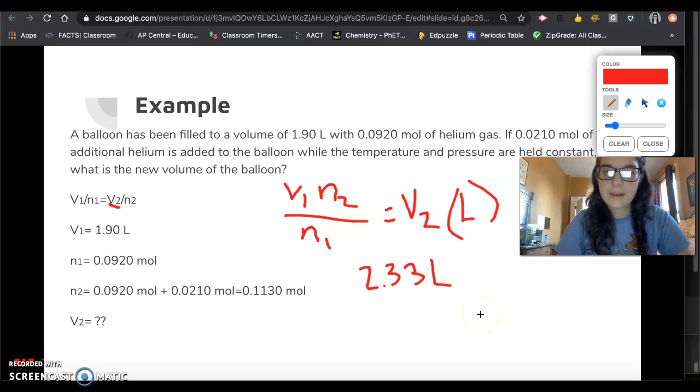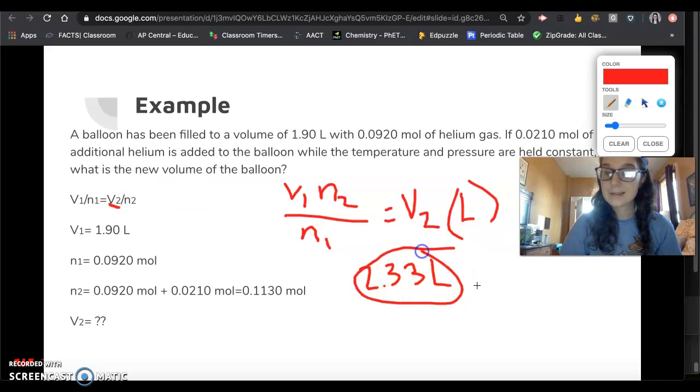And once again, we can think, does this answer make sense? Our number of moles increased, so we would expect that our volume would increase, and it does, so this answer does make sense. So I'm pretty confident that is correct.